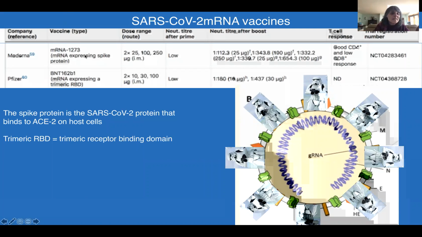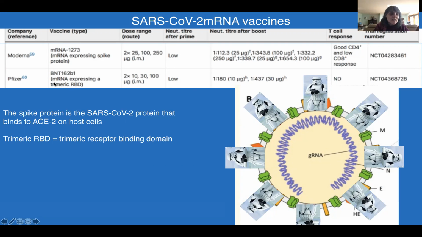However, the Moderna vaccine is just the messenger RNA that encodes that spike protein, whereas the Pfizer vaccine is very clever. It is an RNA that expresses a trimer version of just the receptor binding domain, just the portion that will bind to ACE2 on host cells.